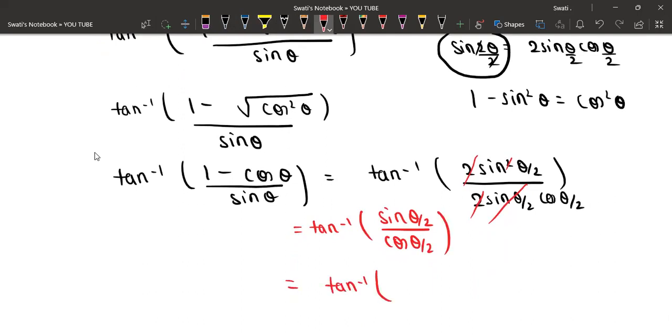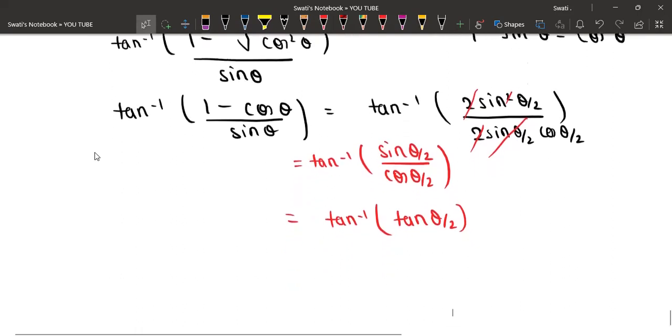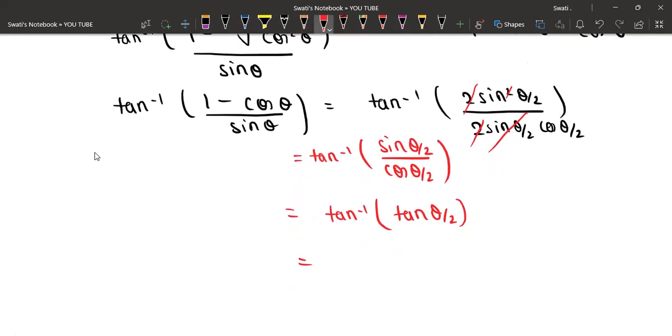So this will become tan theta by 2. Now we know that tan inverse tan theta is theta. So this will simply become theta by 2. But at the place of theta, we have theta by 2. Now this I can write down as half into theta.